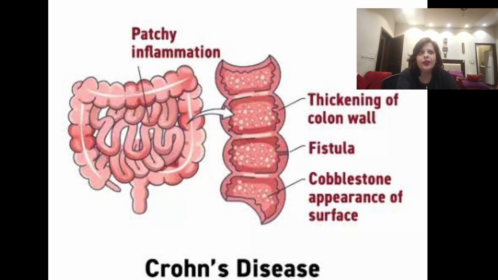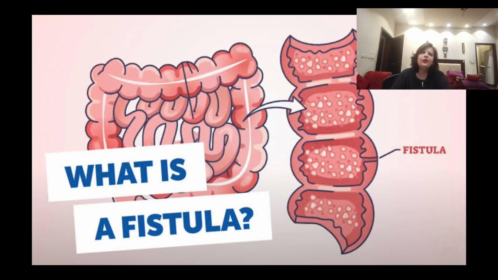It is transmural, and there is a cobblestone appearance as well in the intestinal lumen, and there are strictures as well as fistulas. So a fistula is an abnormal communication between two parts of the gut, or it can be between the gut and some other viscera like the urinary bladder or any viscera in the vicinity.